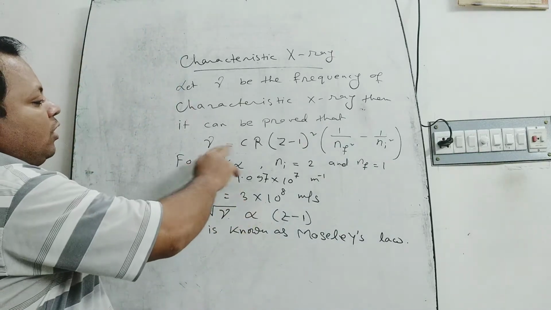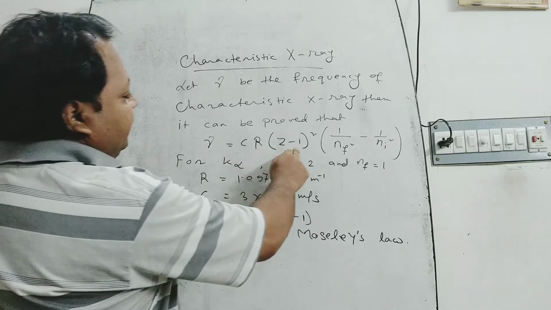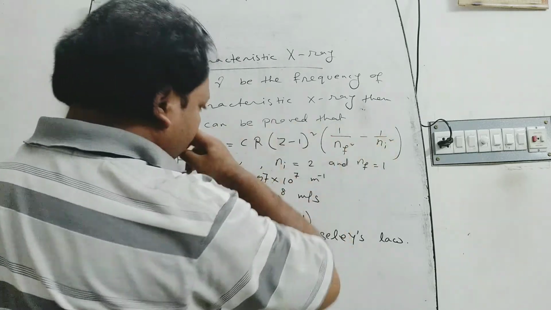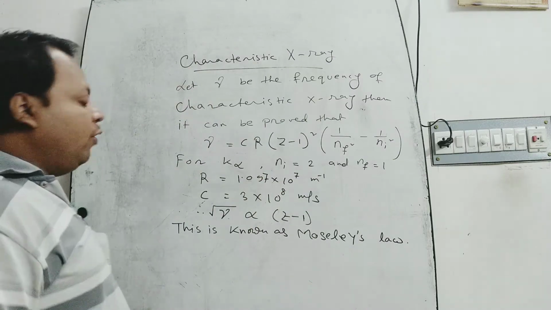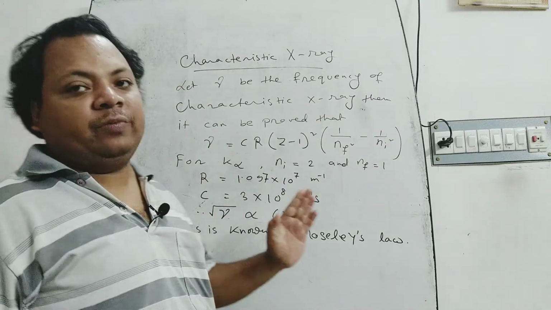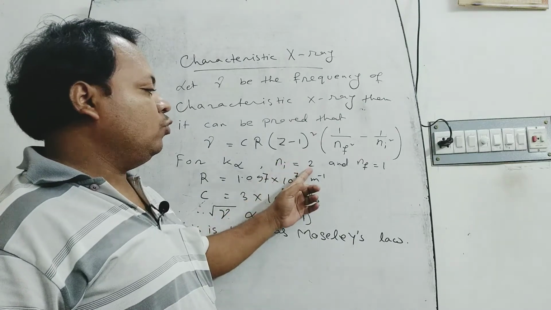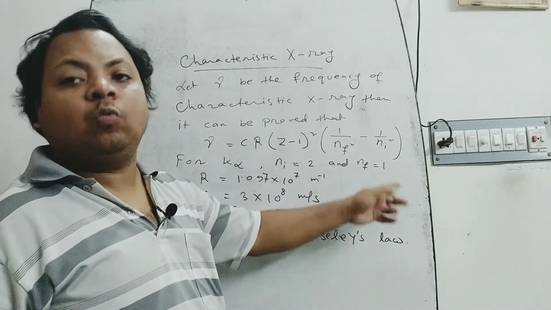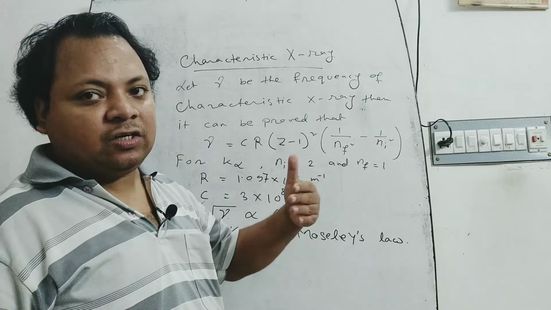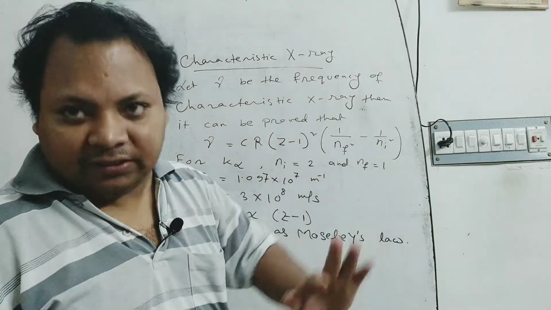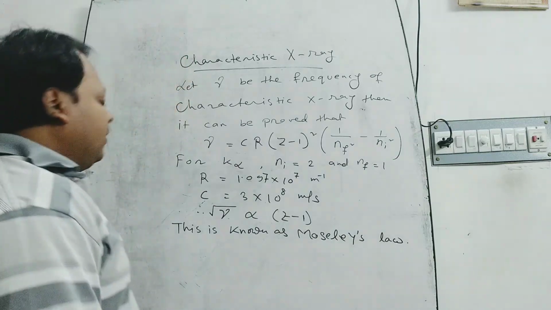Therefore, nu is equal to C R (Z minus 1) into 1 by NF square minus 1 by Ni square. And for K alpha characteristic X-ray, Ni is equal to 2 and NF is equal to 1. That is, the electron jumps from the L shell to the K shell.